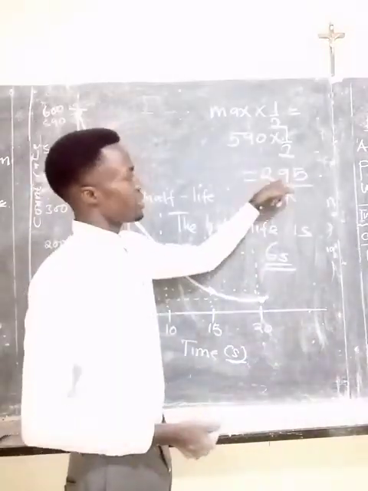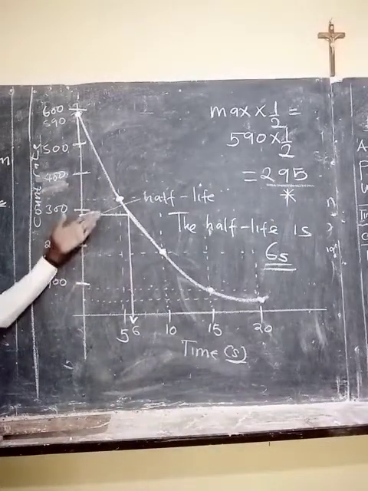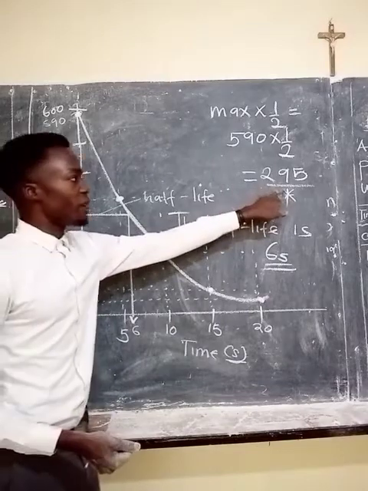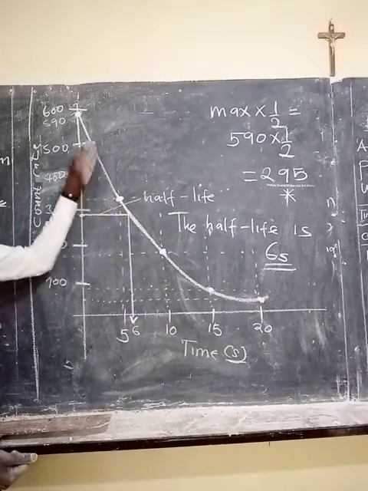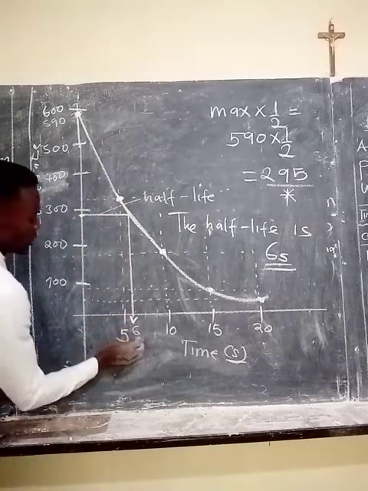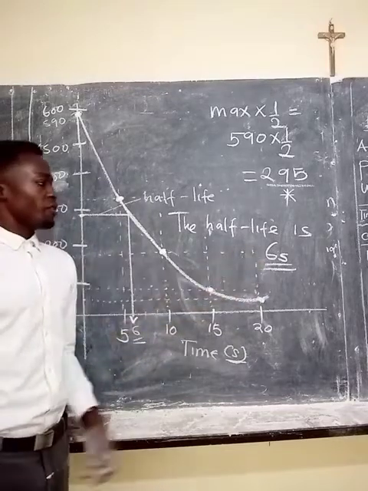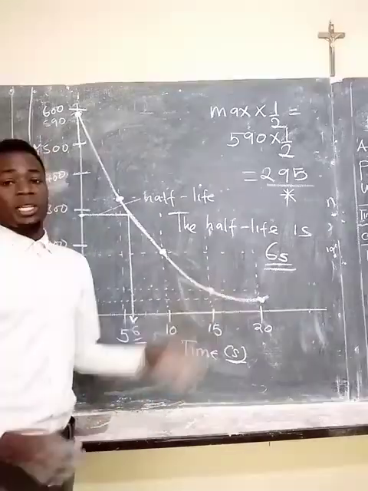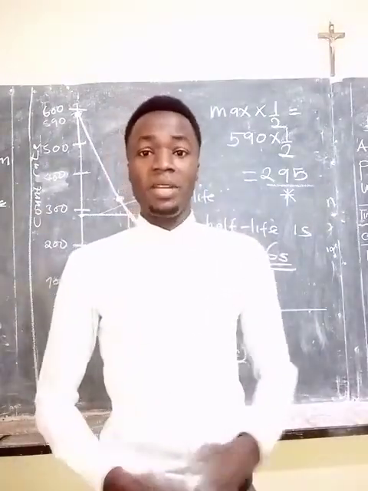Then once you find this value, you go back on the graph and locate this number that you have found. Once you locate the number, you draw a line. Once it reaches the curve, you drop it until it locates you to the time. So this is what you have found. This was just one way of finding the half-life by using a graph.